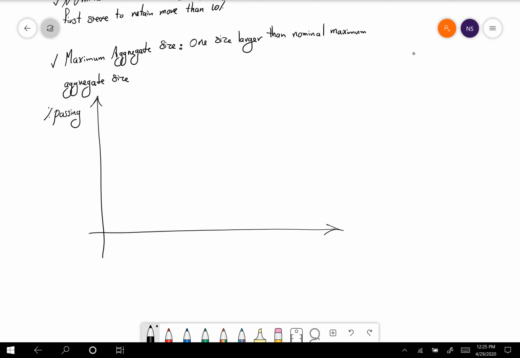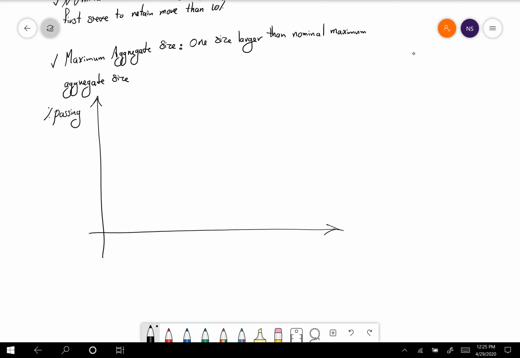For the regular sieve analysis, when you plot the curve, the aggregate size is on a log scale, or it's a semi-log graph. But for SuperPave purposes, the x-axis is the aggregate size raised to the power of 0.45 instead of using the log scale.